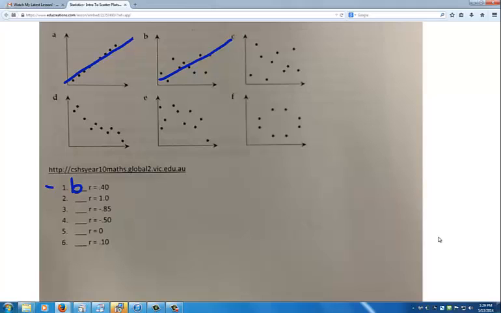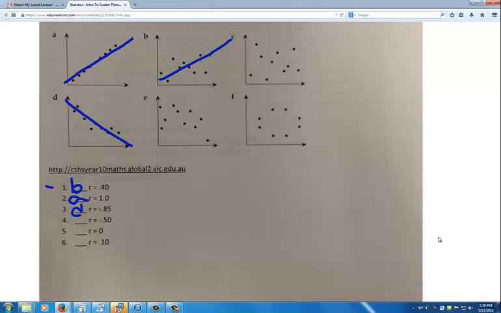As you can see, A is our best fit. Now let's look at graph number 3. Graph number 3 says that we have a correlation of -0.85. That's a negative slope with a fairly strong association. Graph D is our best fit.